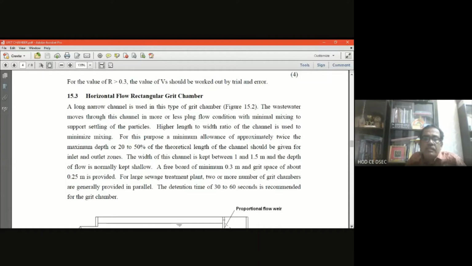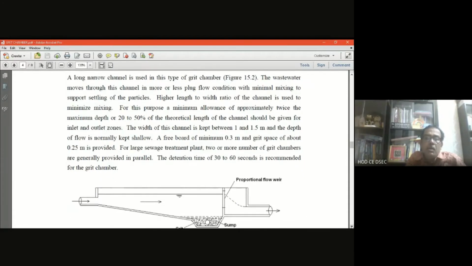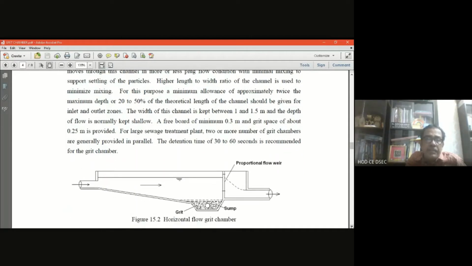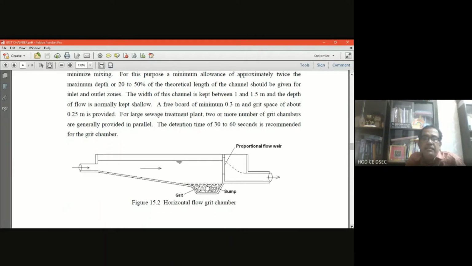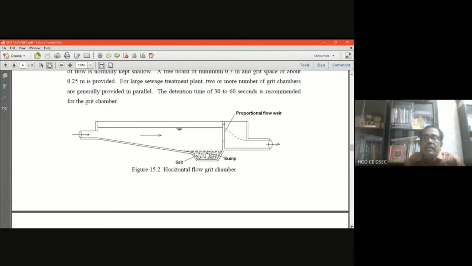For a large sewage treatment plant, two or more grit chambers are generally provided in parallel, because one may be on standby; if one is under maintenance, the other will be functioning. The detention time, the flow time, of 30 to 60 seconds is recommended for the grit chamber. You see the proportional flow weir at the outlet portion, for maintaining constant flow, because there may be flow variation.